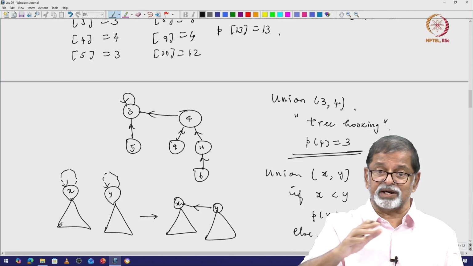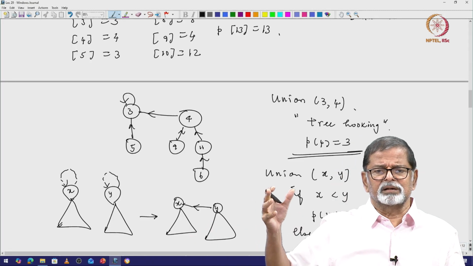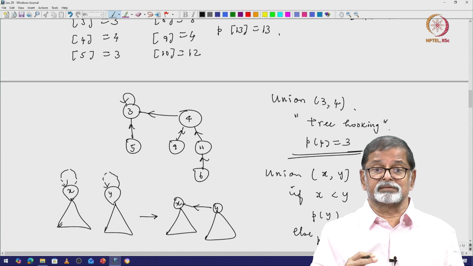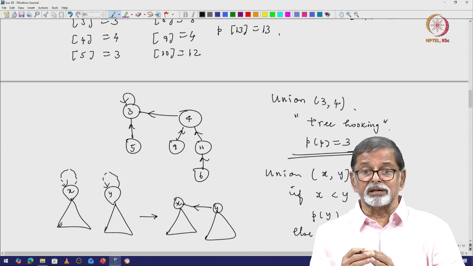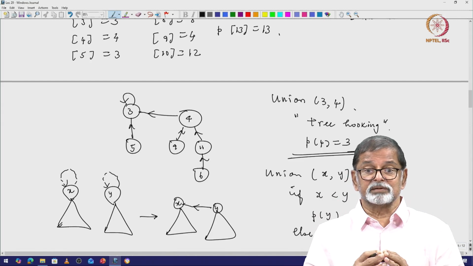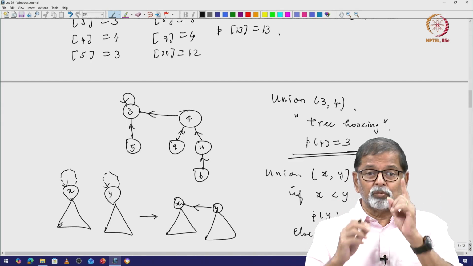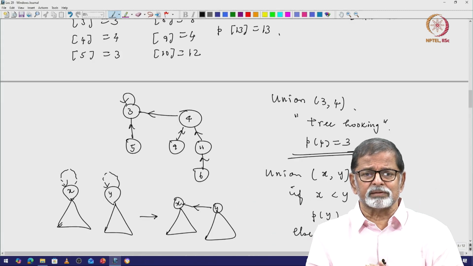The name was changed physically by going through the entire array. That is the reason why the complexity was order n. The entire array has to be scanned. Here, the tree hooking is done in this representation. The union can be done in one step, whatever is the size of the sets involved.